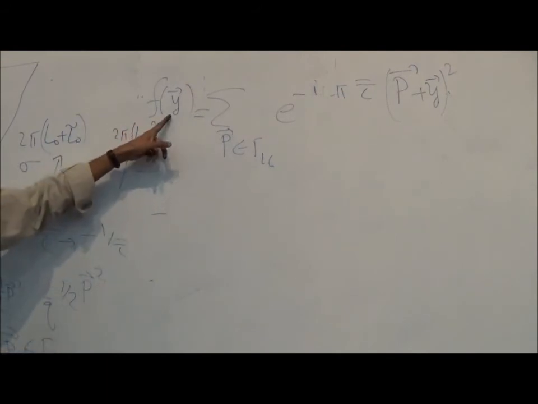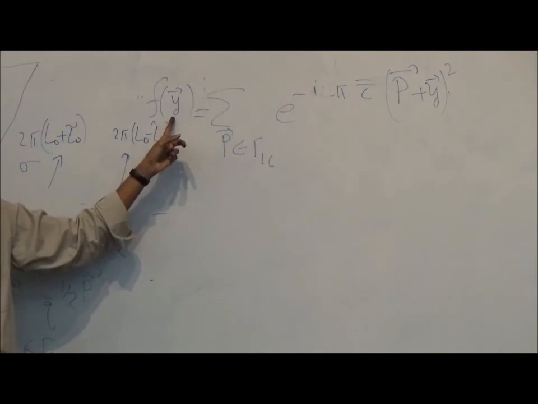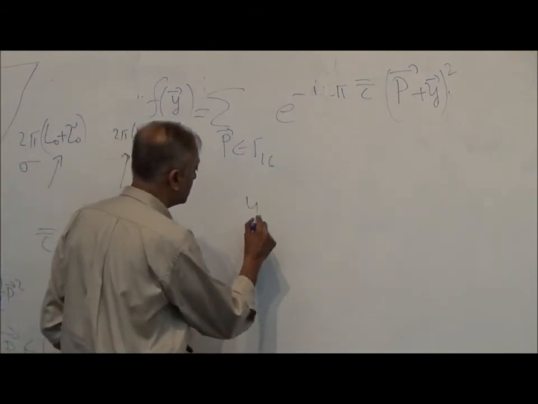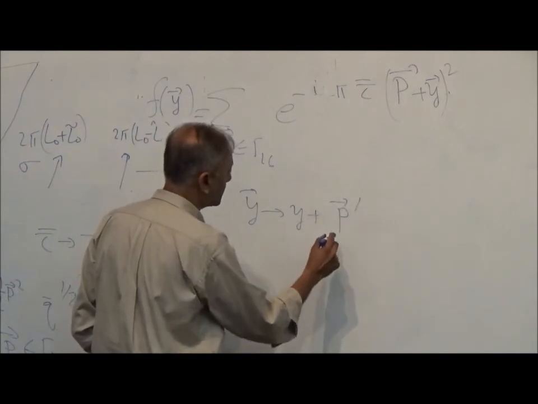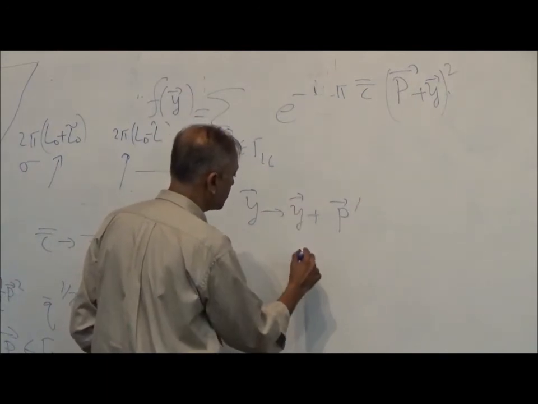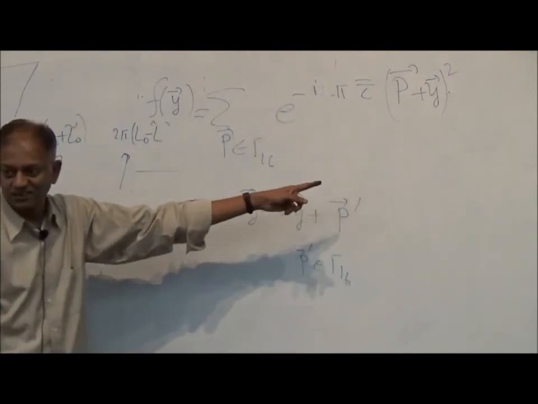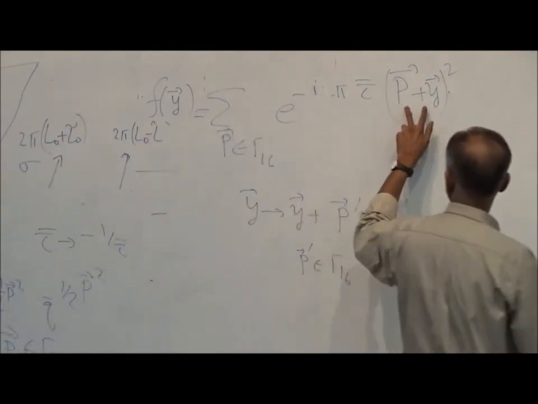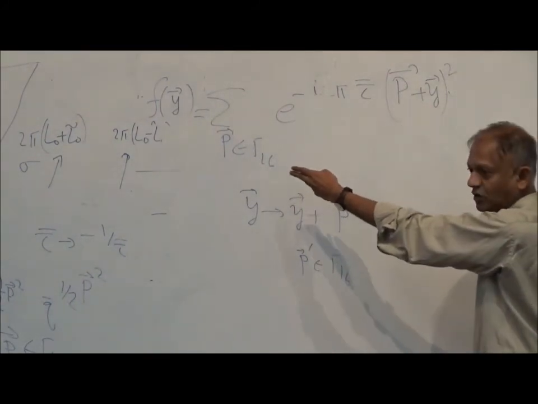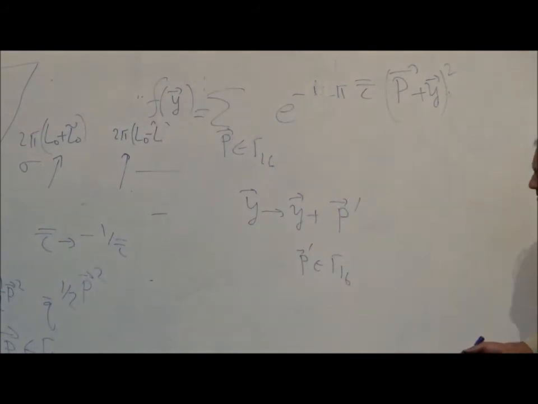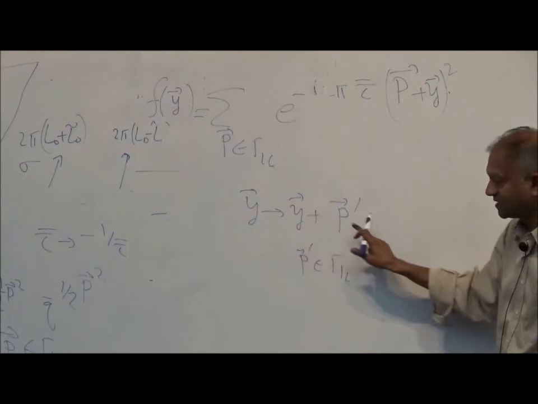The reason we consider this more general function is that it is periodic in y. If I shift y by some lattice vector p prime, where p prime belongs to gamma 16, then this sum doesn't change, because you get p plus p prime, which is just a redefinition, call it p double prime, and since you're summing over the whole lattice, it doesn't matter. So this function is periodic under such lattice shifts.